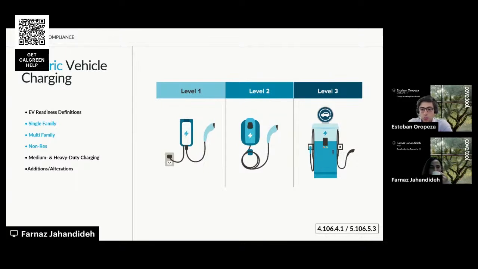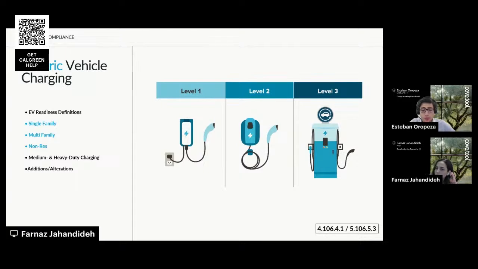In the same way, if you require 8 level 2 chargers, you can do one of, let's say, the Tesla types, and the other 3 as level 2. So you can really play with the level of chargers you are installing depending on what's required.